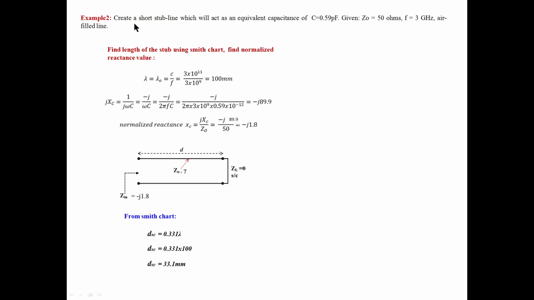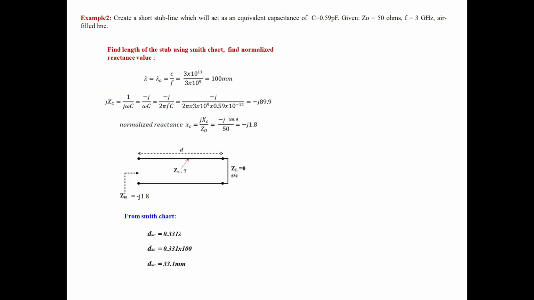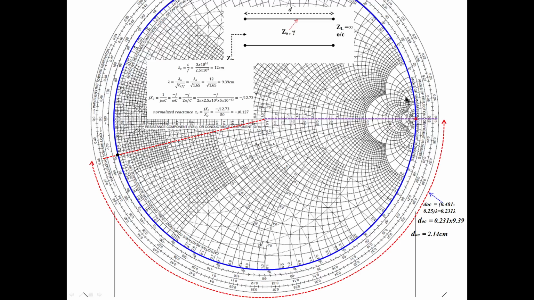The question will mention whether it is an open stub or a short stub. If an open stub is asked and you measure the distance from the short circuit point, then the length of the line will be wrong. Be careful about that.